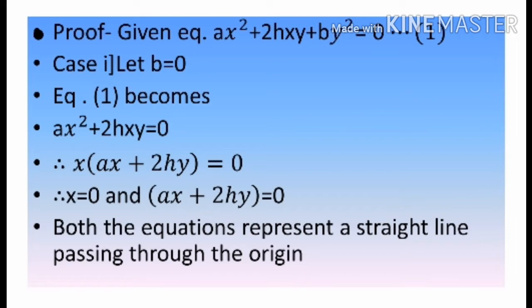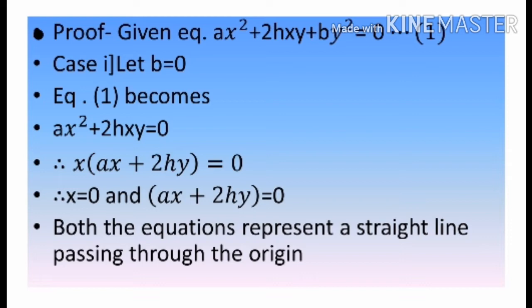If b equal to 0, equation 1 becomes ax square plus 2hxy equal to 0. Taking x common, x into (ax plus 2hy) equal to 0. The product of two terms is 0, therefore either x equal to 0 or ax plus 2hy equal to 0.